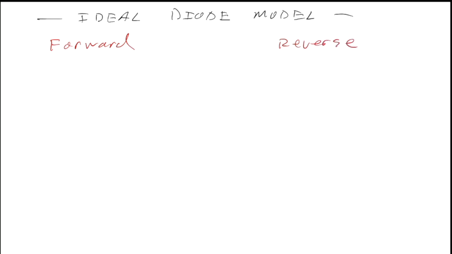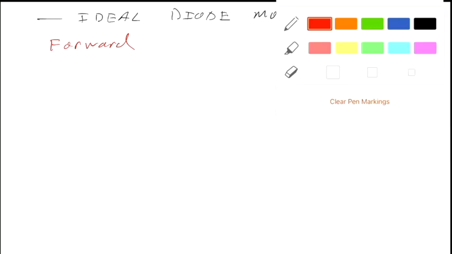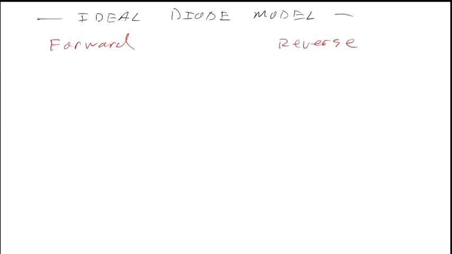For forward bias, we're saying the current is huge, positive. And for reverse bias, we say the current is 0, no current at all.